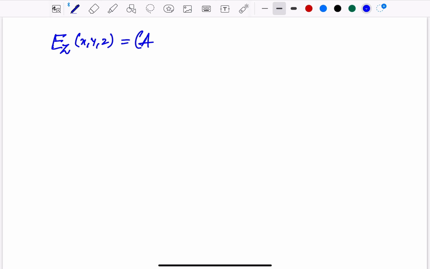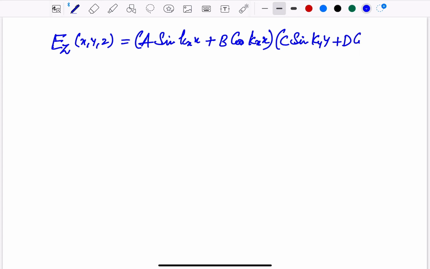So just multiplying with e to the power j beta z within the last equation: sin kx x, it will be a big jump if I'm writing the Ex, Ey, Hx and Hy whole thing. Okay, sorry for that. cos kx x times c sin ky y plus d cos ky y, and of course e to the power j beta z.